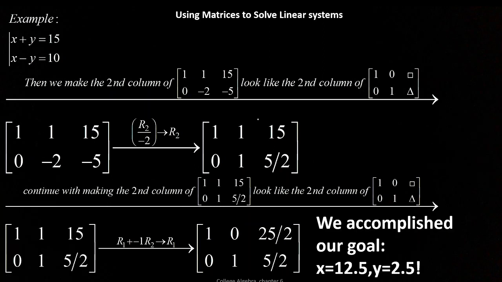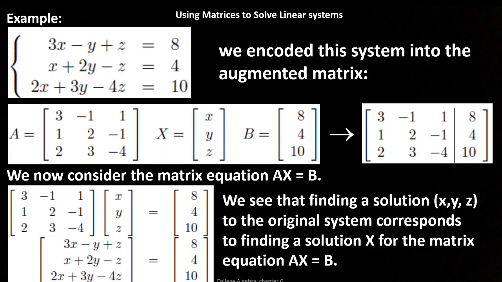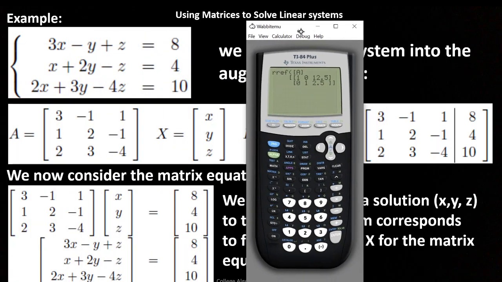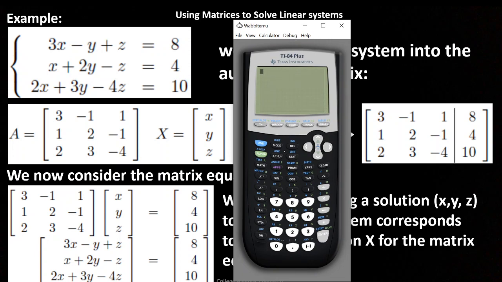Okay, so to solve systems, again, that's what we do, right? So let's do another one. If I want to solve this, what I'm going to do is go to matrices, then create a matrix, which is the augmented matrix.